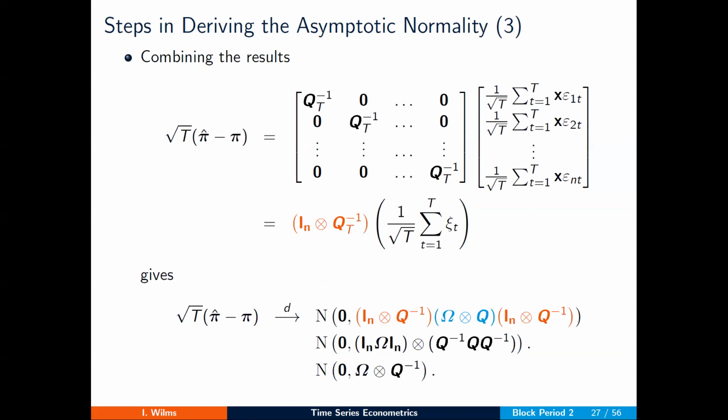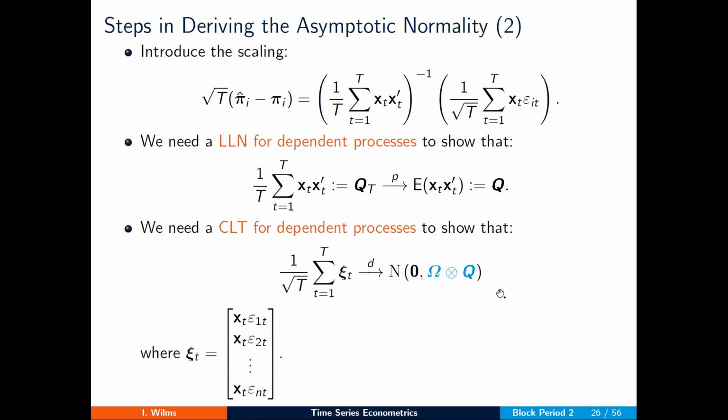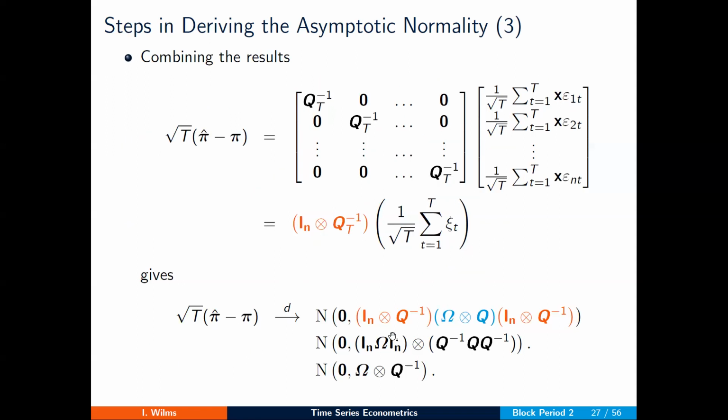How can you determine the asymptotic variance of this normal distribution? Well, to determine the asymptotic variance, you can rely on the continuous mapping theorem. I start from the asymptotic variance of this term over here, the blue one from the previous slide. And then I have this kind of sandwich form, where the continuous mapping theorem tells me that I can pre- and post-multiply by the probability limit of this first red term.